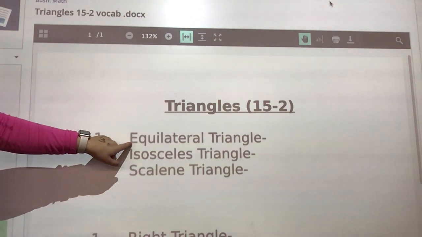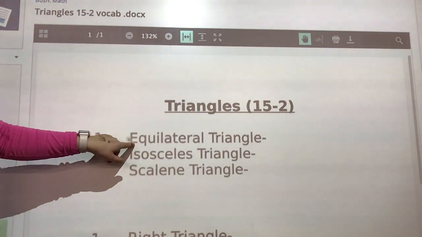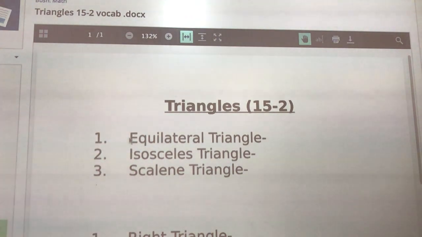All sides are equal. Equilateral, meaning all sides equal. The isosceles triangle, meaning 2 sides are the same length. And scalene triangle, meaning no sides are the same length.